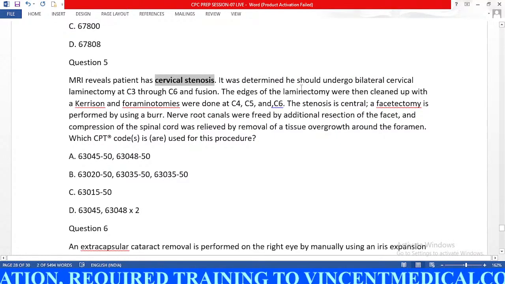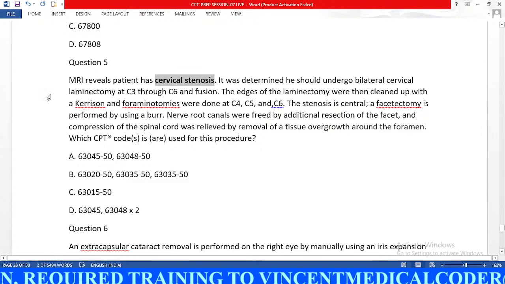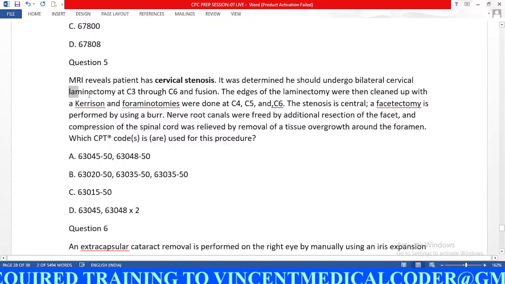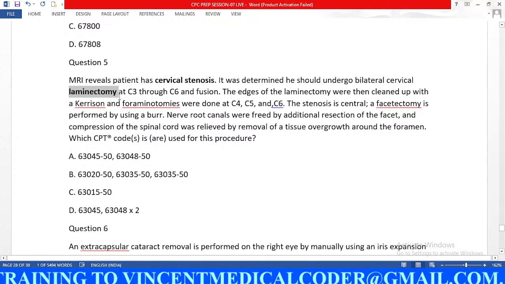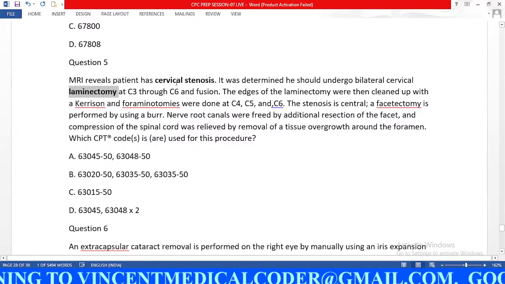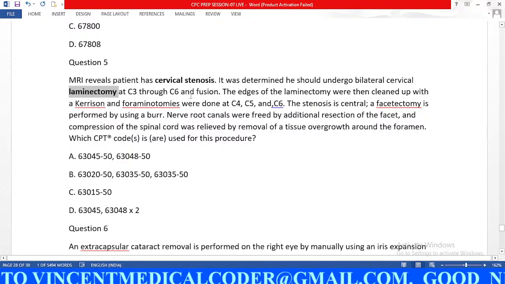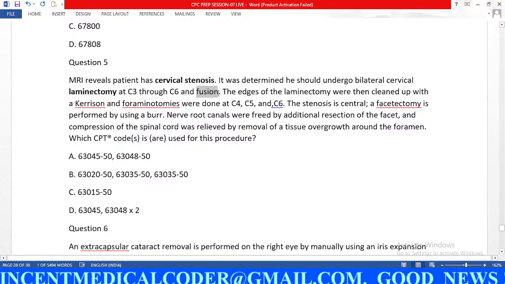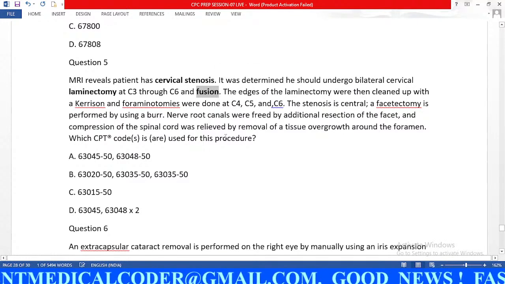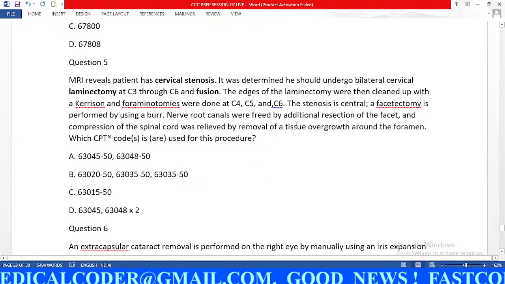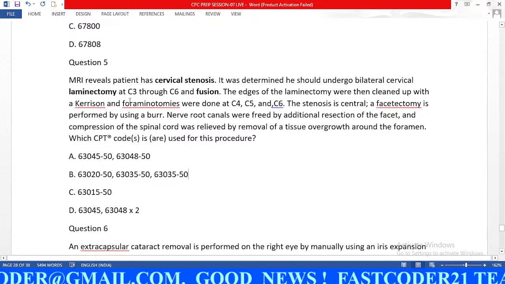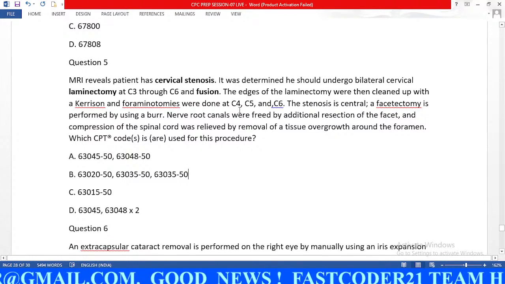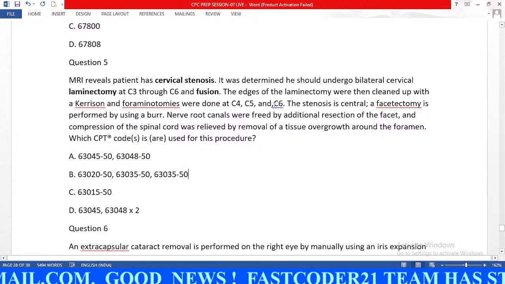It was determined he should undergo bilateral cervical laminectomy. So here laminectomy means the physician will remove the lamina in order to reduce pressure on the cervical spine, and fusion also. So the edges of laminectomy were then cleaned up with Kerrison. Foraminectomies were done at C4, C5 and C6.